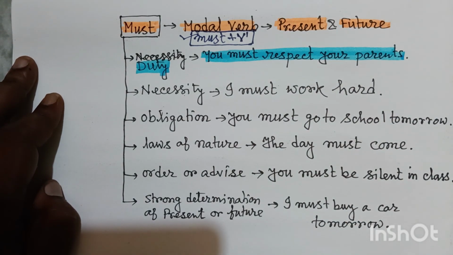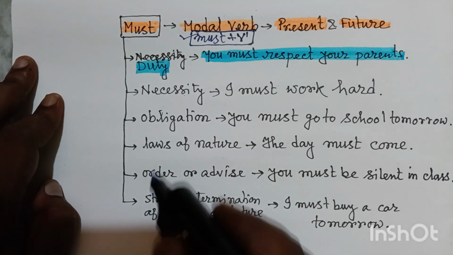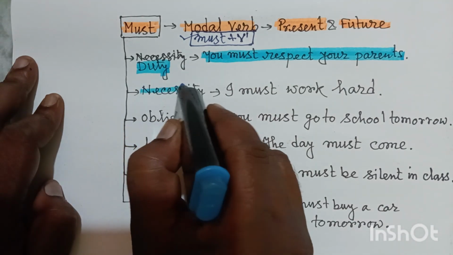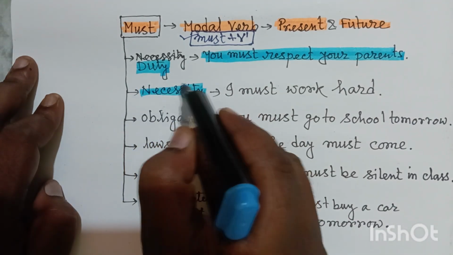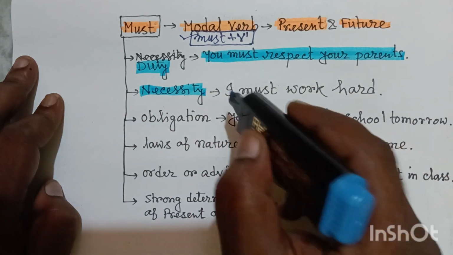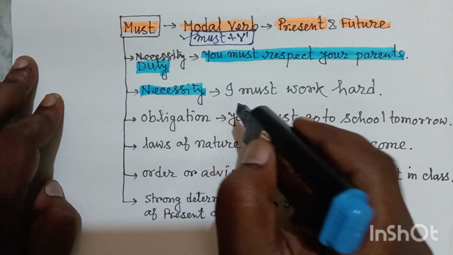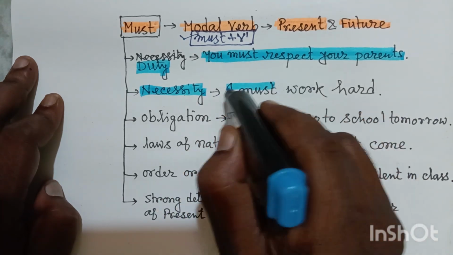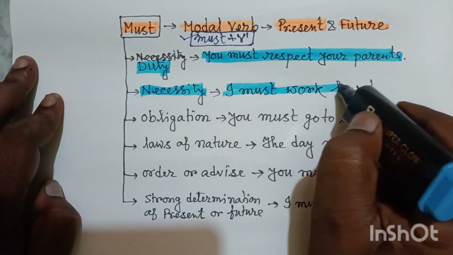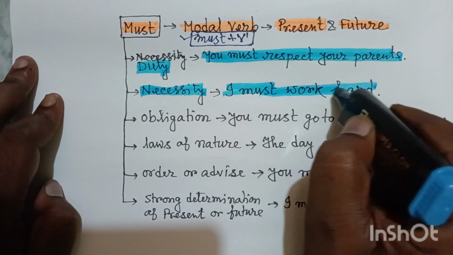Now one thing, there is a difference between duty and necessity. Necessity is much more important than duty. And you can see here I have written one sentence: I must work hard. This is our necessity.